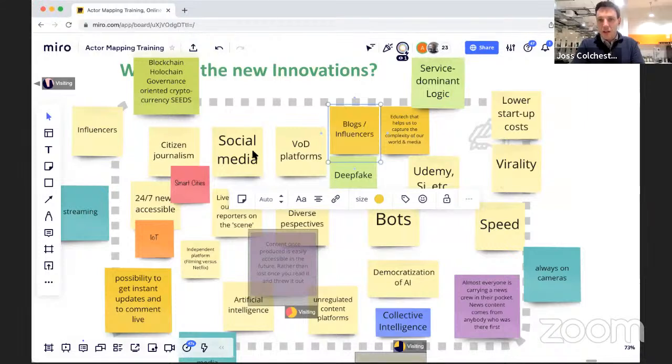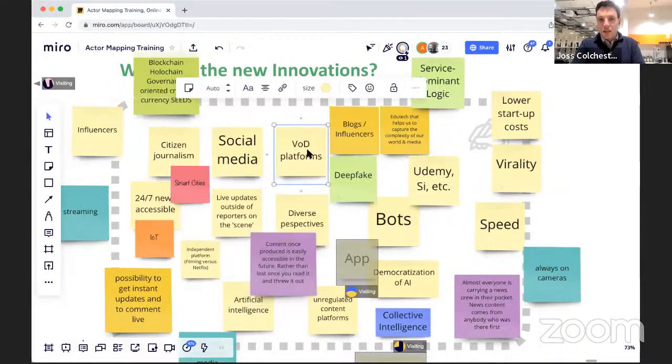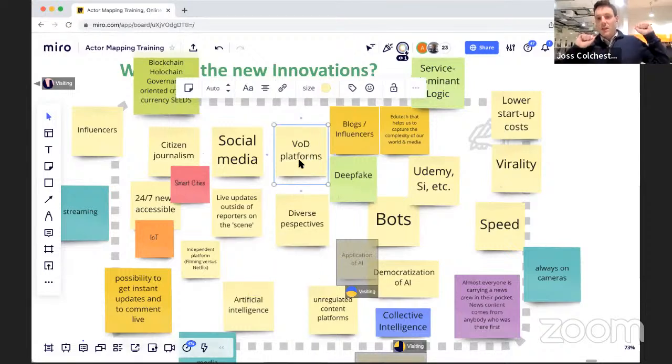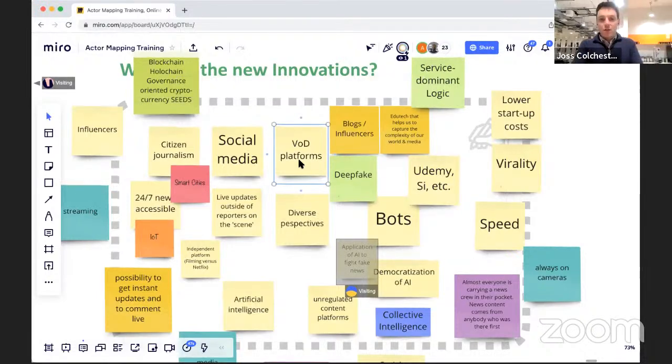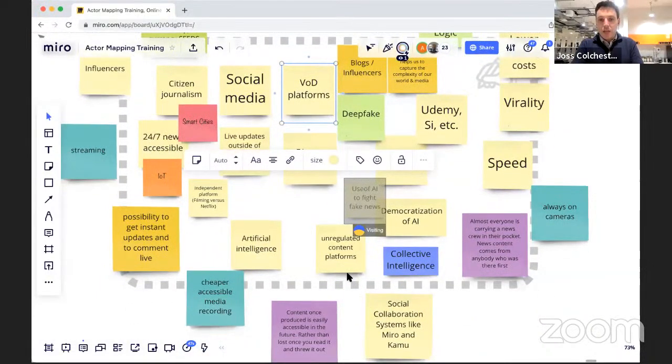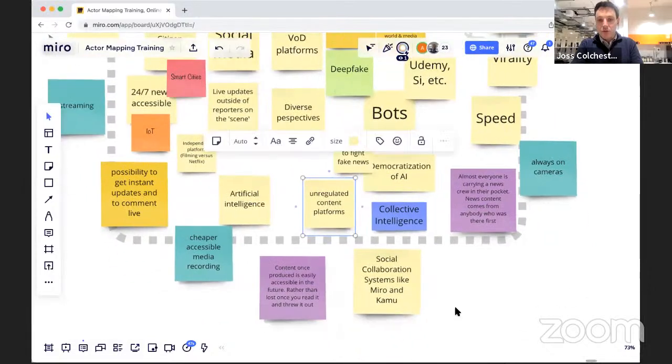service-dominated logic, social media, VOD. What's this? VOD, video on demand platforms. I guess Netflix and so forth. Artificial intelligence, unregulated content platform, social collaboration systems like Miro and Canvas.